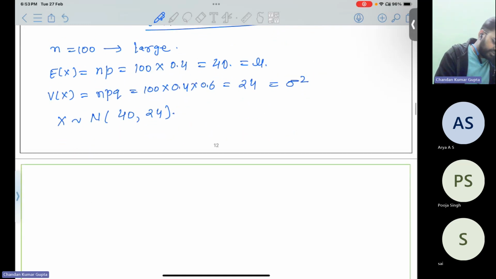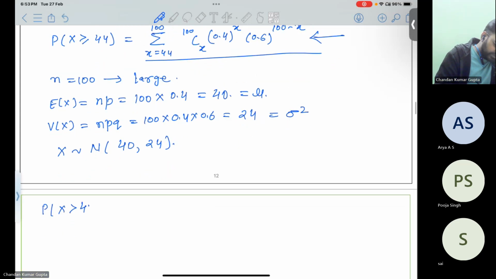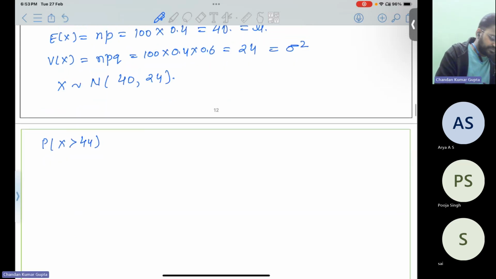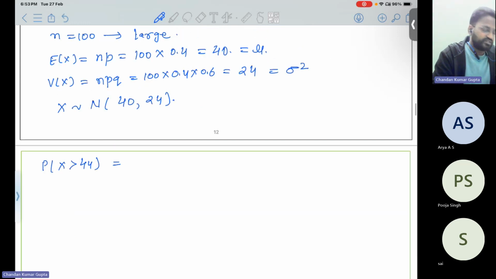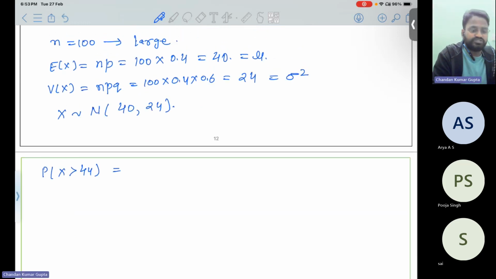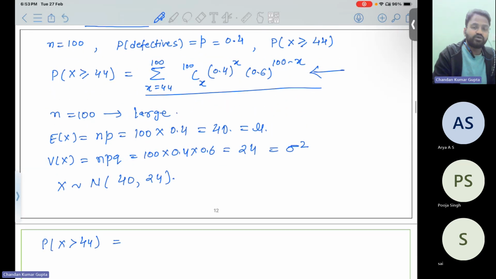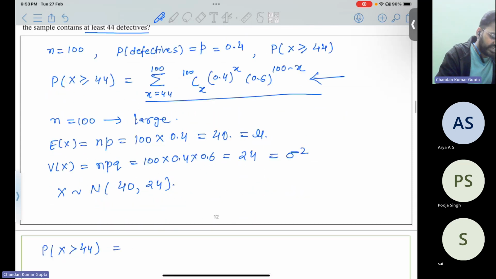And we need to evaluate the probability that x is greater than or equal to 44. One more thing: how to solve this now? Because we need to use some continuity correction. Sir has already taught it, and you may understand it like this.